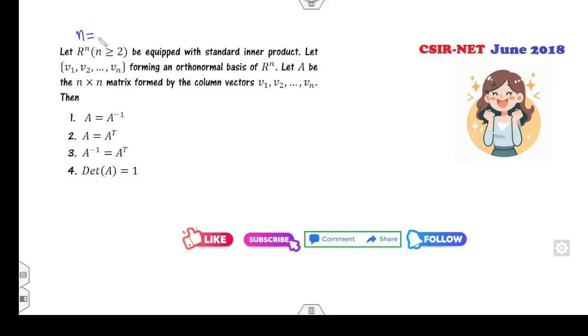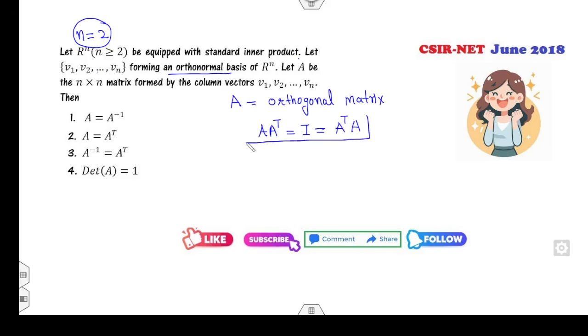Again take the value of n as 2. Let v1 v2 be an orthonormal basis. A is my 2 cross 2 matrix formed by the column vectors. That means A is an orthogonal matrix. So once it's an orthogonal matrix, that means A into A transpose is identity, which is the same as A transpose into A. So look at the first part.